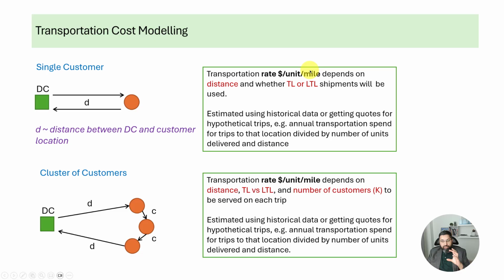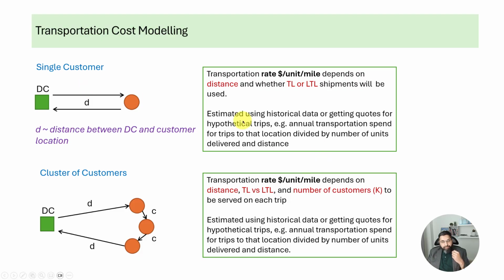is trying to minimize. A good way to get these rates is, let's say you have a DC shipping to customers. These could be retail stores or other regional DCs, or this could be a factory to a DC. These are line hauls. A truck takes a lot of stuff to the other site and comes back. And so here you can just look at historical data, historical shipments, if these sites already exist.